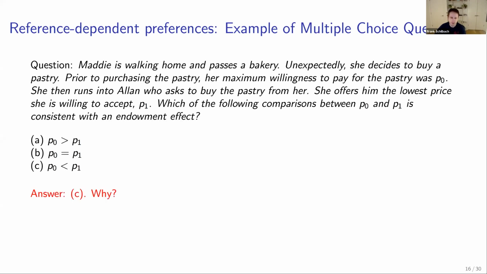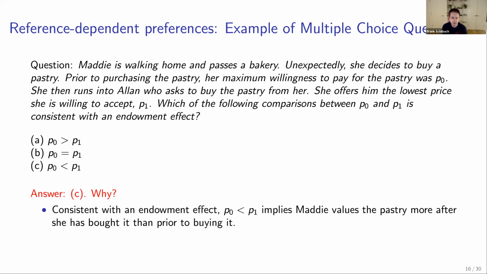The answer is answer number C. Why is that? Well, the endowment effect says that people's willingness to pay, in this case P0, is smaller than their willingness to accept when they're selling something. That is to say, being endowed with an item, in this case a pastry, increases one's valuation.